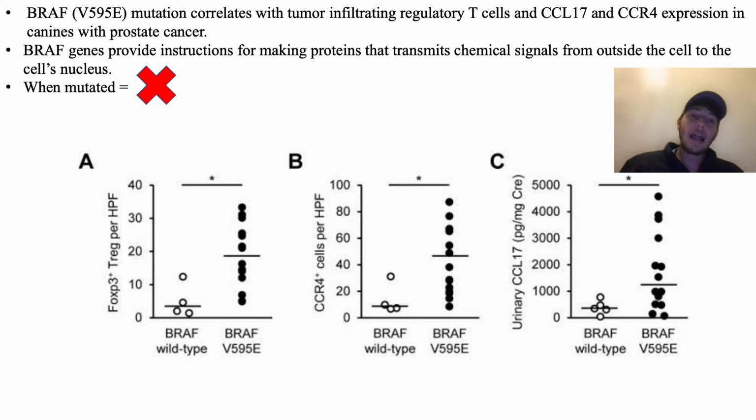So as you have an increase in the FOXP3 regulatory T cells, the CCR4 gene and the urinary CCL17 gene, as you have an increase in those, you have an increase in that Braf gene mutation. So this is all that this is getting at. It's also just another marker for prostate cancer and for individuals that are diagnosed and need to be treated for prostate cancer.